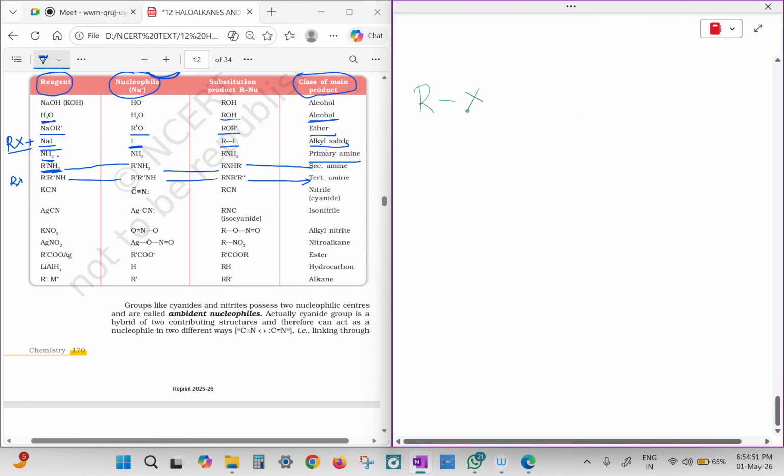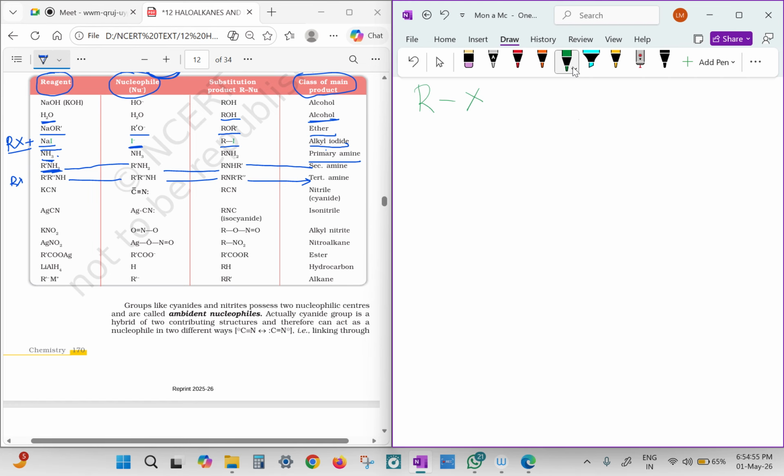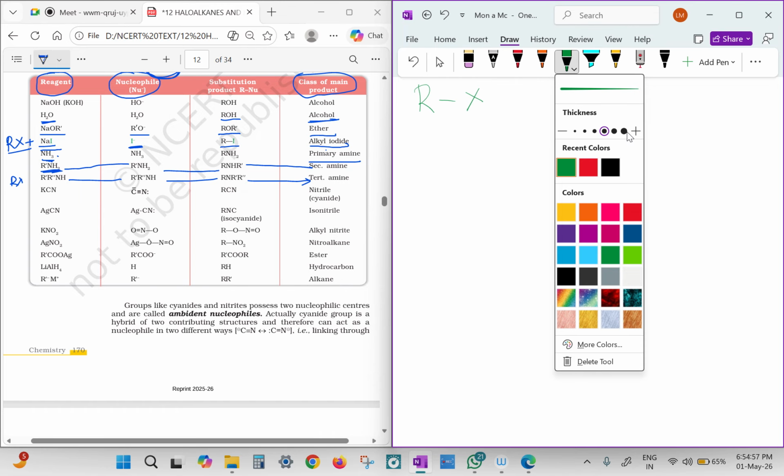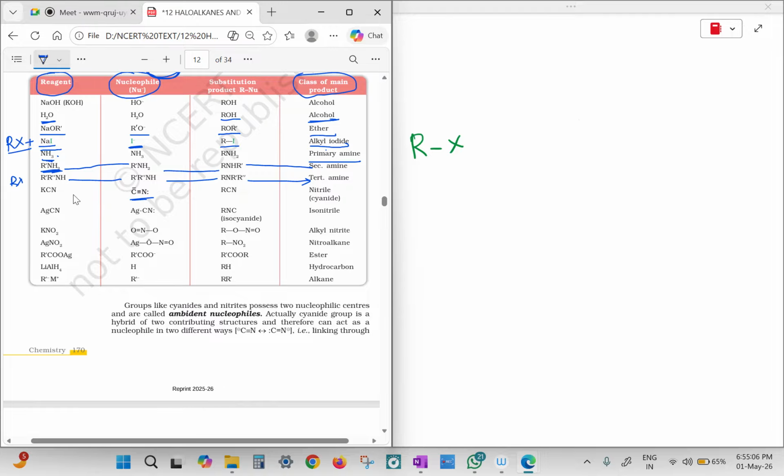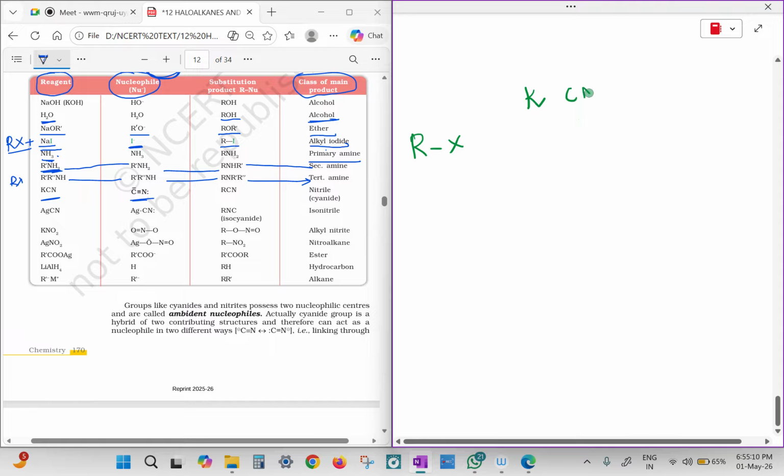RX is taken, and you are going to react it with KCN. Look at this. KCN. And on the other hand, AgCN, with C triple bond N. What is actually here? The polarity is this way. The cyanide is still the same.